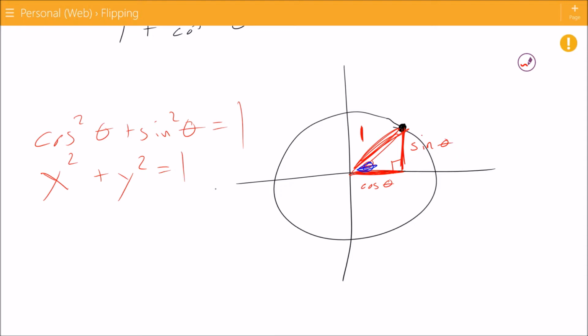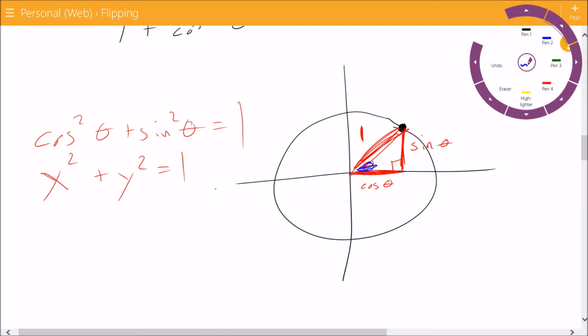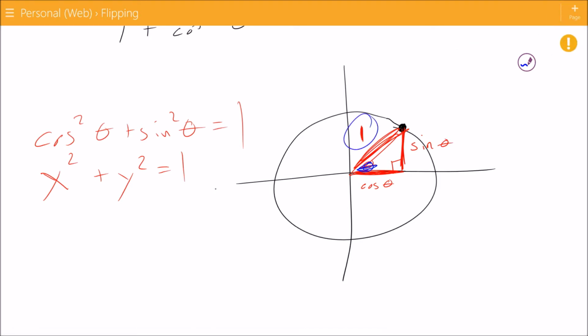We've seen this before, it's just in a slightly different format because we're looking at the unit circle right now. Again, important thing to remember about the unit circle is that your radius of the circle is 1. That means that the hypotenuse of any triangle that you form in there is going to be 1.